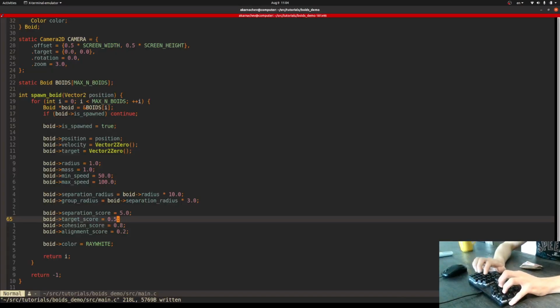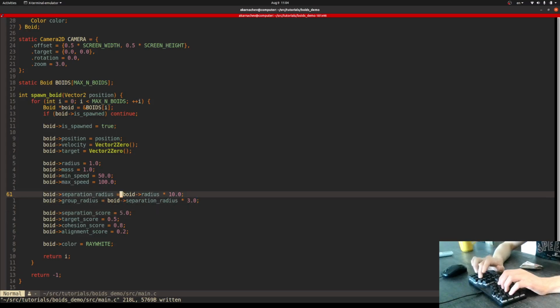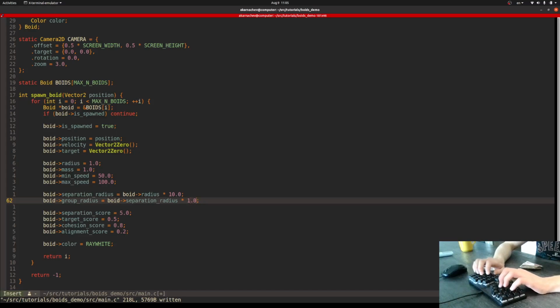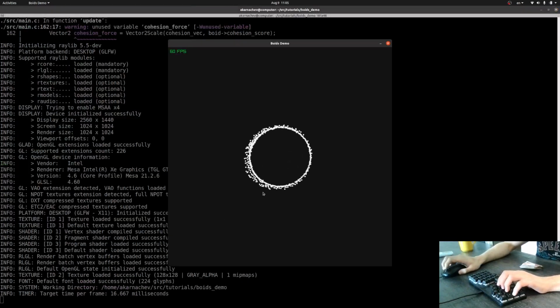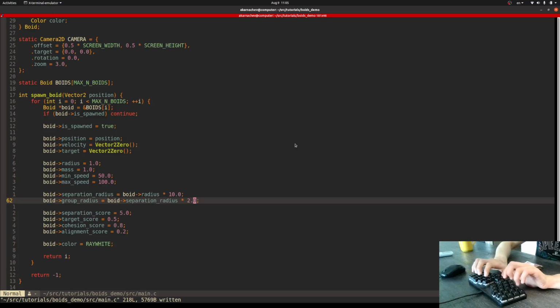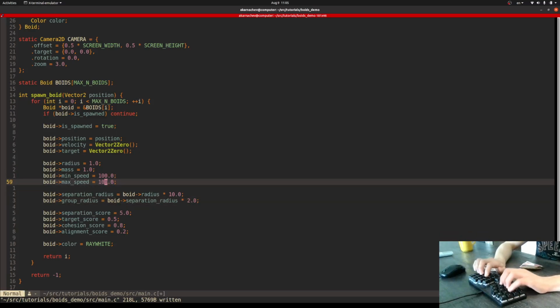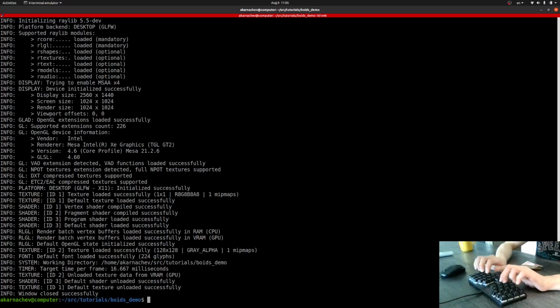I want to achieve this behavior by tuning these parameters. Maybe I should increase separation force. Let's maybe decrease group radius. Let's say it's equal to 2 separation radiuses. Also, I want to increase speed, minimum speed 100, 150.